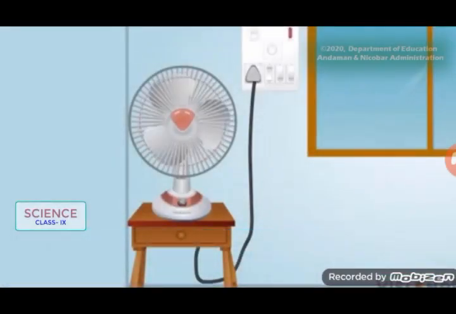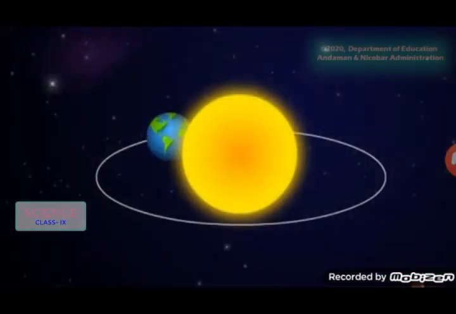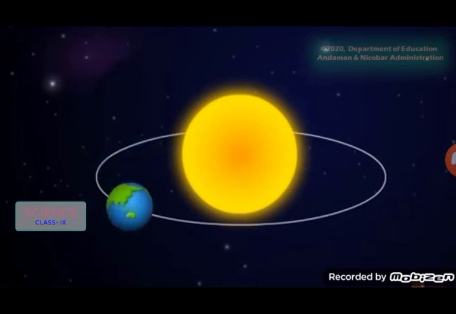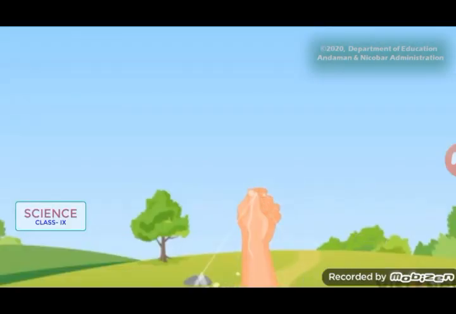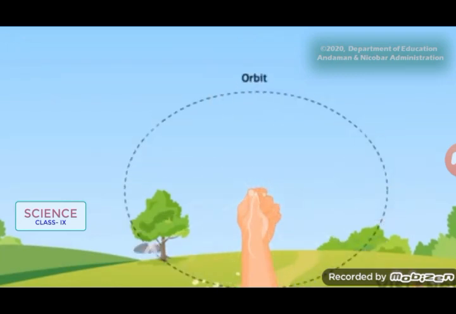Motion of blades of an electric fan, motion of earth around the sun. We can see the circular motion of a stone tied to a string that is swiveled. During its motion, we know that velocity is speed with direction. Here the stone revolves at uniform speed, but the direction of motion changes continuously. This brings change in direction at every interval of time.